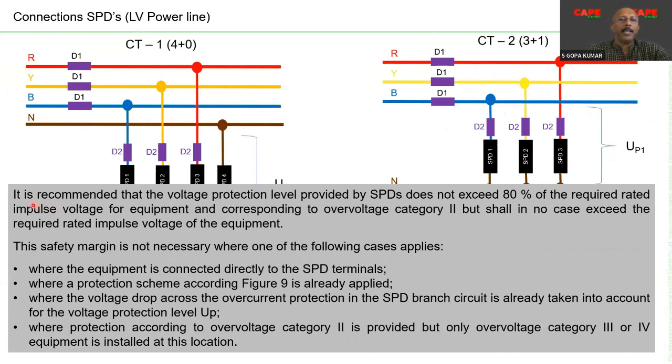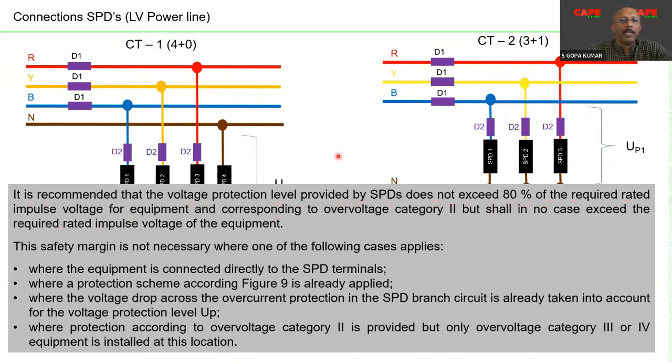The next condition, it is recommended that the voltage protection level provided by SPD does not exceed 80% of the required rated impulse voltage. What does that mean? Very simple, I explain. You have a device with impulse voltage withstanding of, let us say, 4 kV. You have an MCB DB and the impulse withstanding voltage is 4 kV.